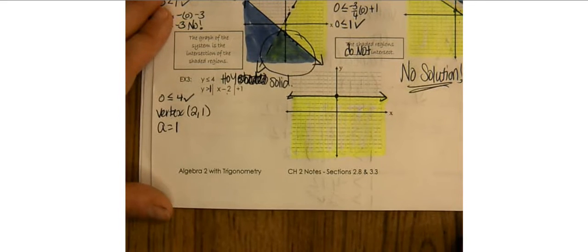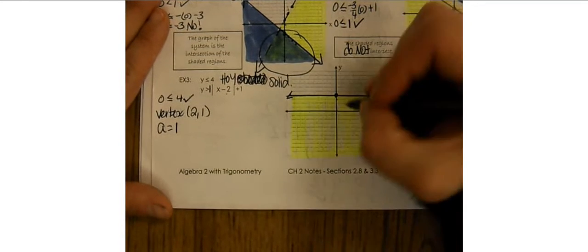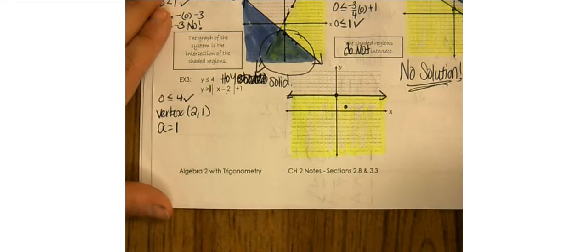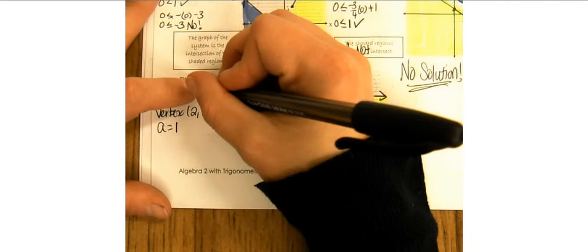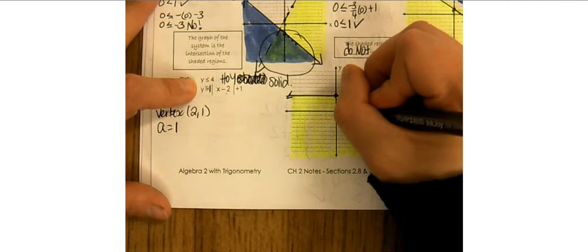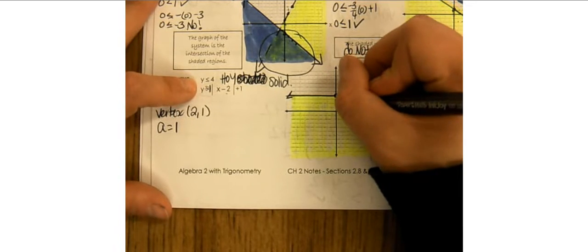So I'm going to go over to where 2, 1 is and plot my vertex. And then I'm going to apply the slope by rising 1 and running 1. This is an inequality symbol that is not equal to. So that means that I'm going to have a dashed line. So my V is going to be dashed.